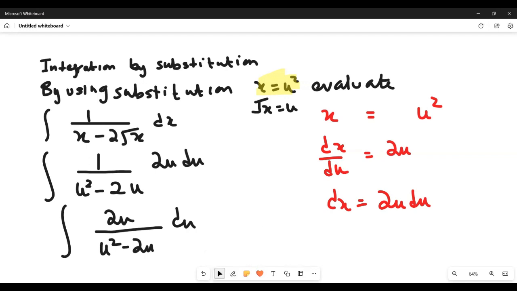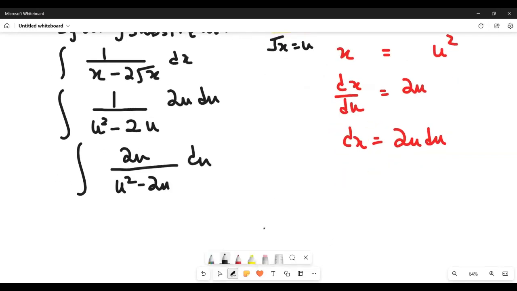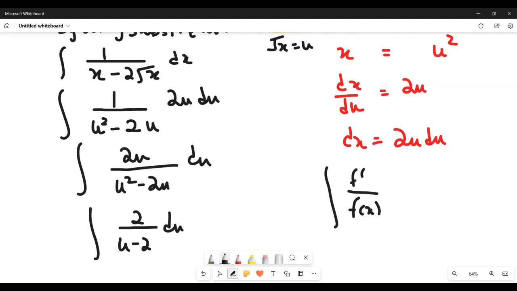So we get 2 upon u minus 2 du. Now it's a familiar case. We have a function in the denominator. We check whether we have its derivative in the numerator. If we do, then the result of the integration is ln f(x).